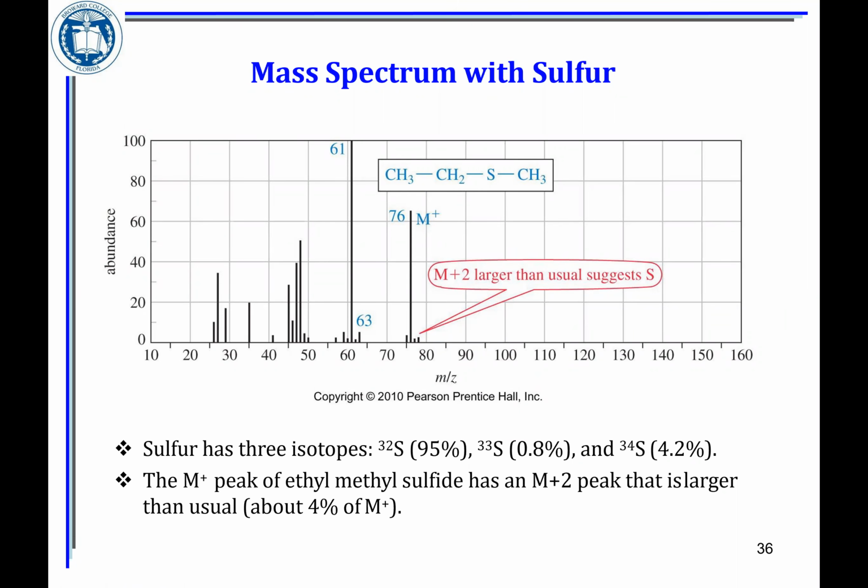And then when you have the cleavage of the methyl group, you have your base peak there. You could have cleavage on both sides, so you do have the 29 as well.